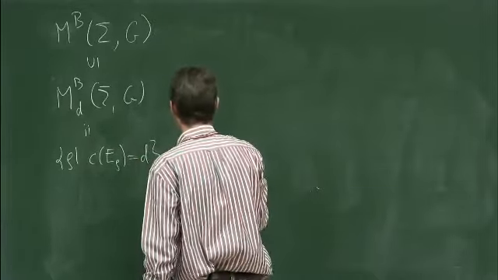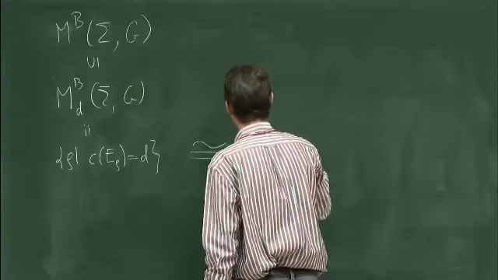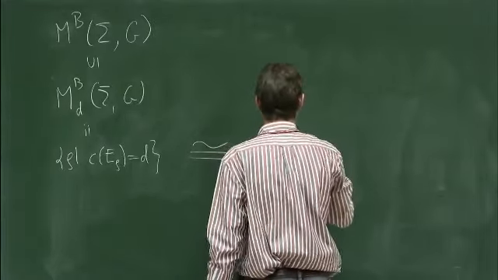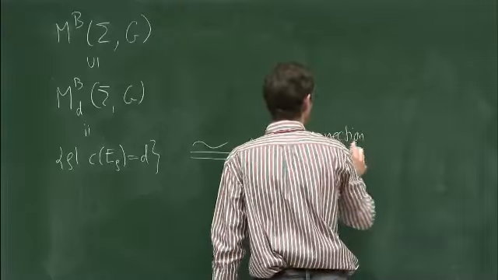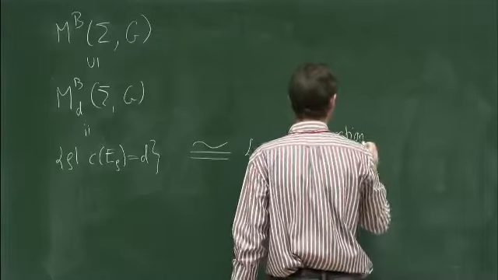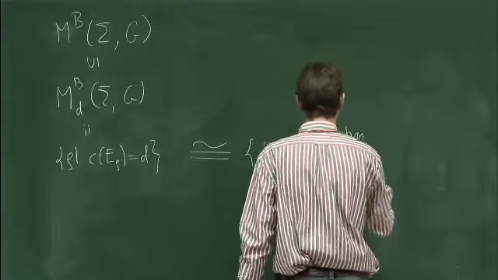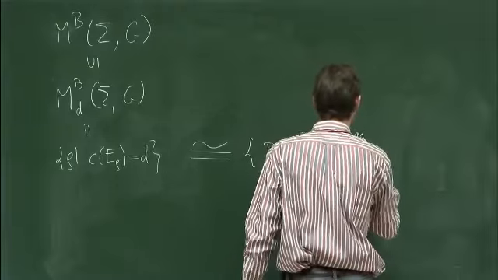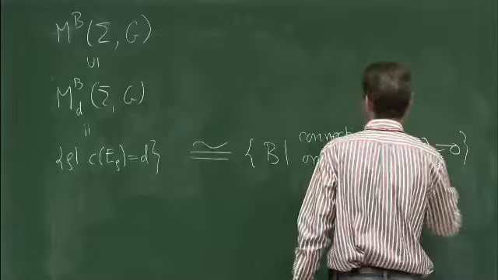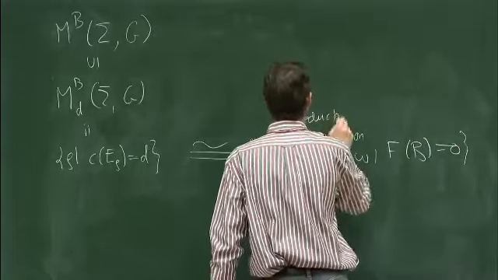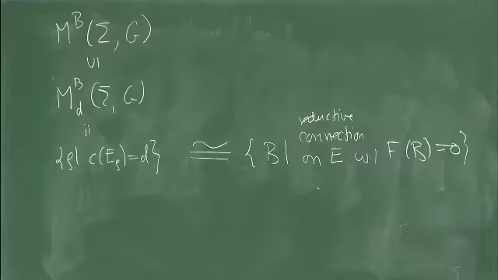That is going to be, via these constructions, identified with the set of a connection on E with curvature 0, and here I should probably also write reductive connection, just meaning that the associated representation, as I said, is reductive.